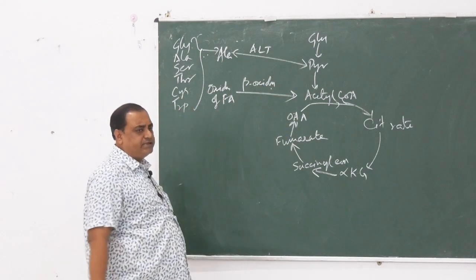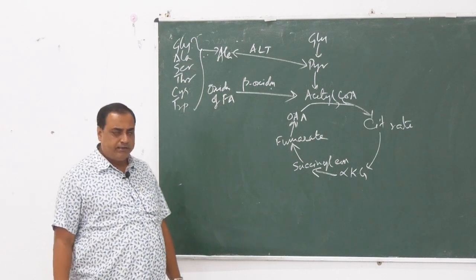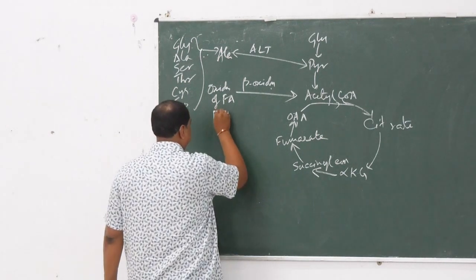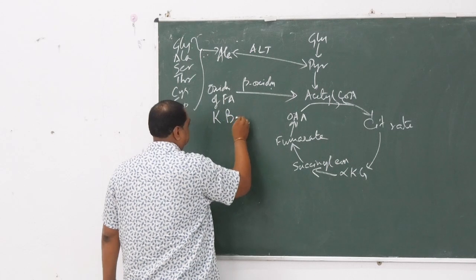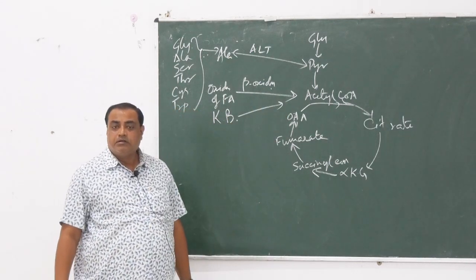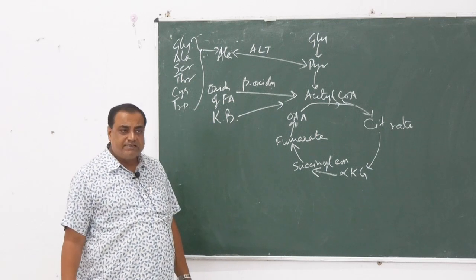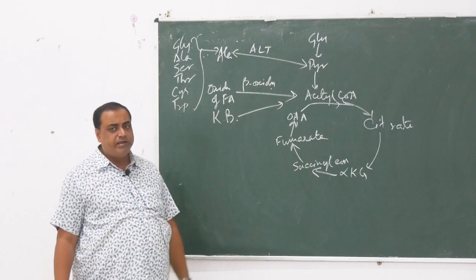Beta oxidation of fatty acid will produce acetyl coenzyme A. Ketone bodies, ketolysis will produce acetyl coenzyme A.